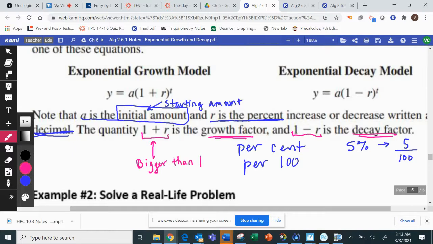That's what you learned when graphing last class with exponential growth, that b value was bigger than 1. With decay, the b value is between 0 and 1. If the decay factor, 1 minus the percent, is between 0 and 1, then it's going to get smaller.